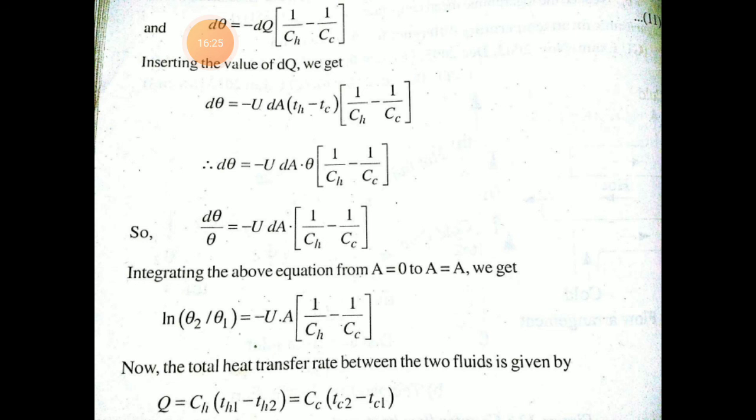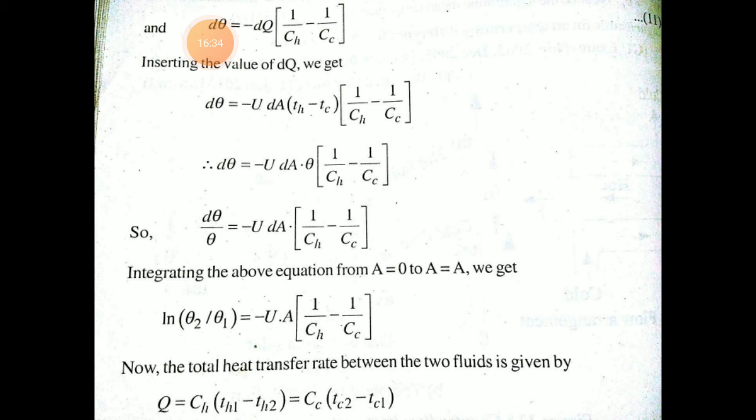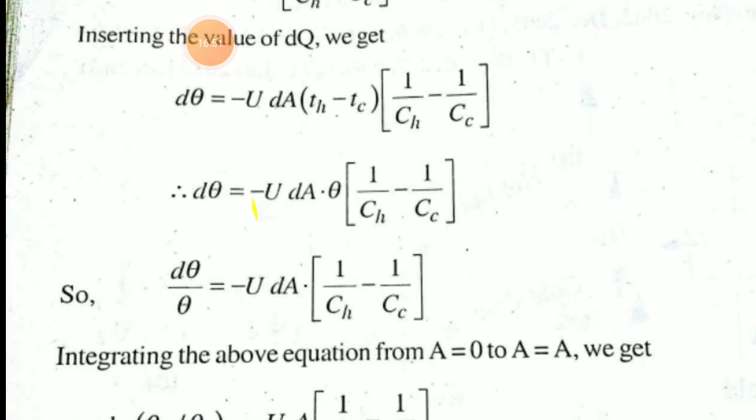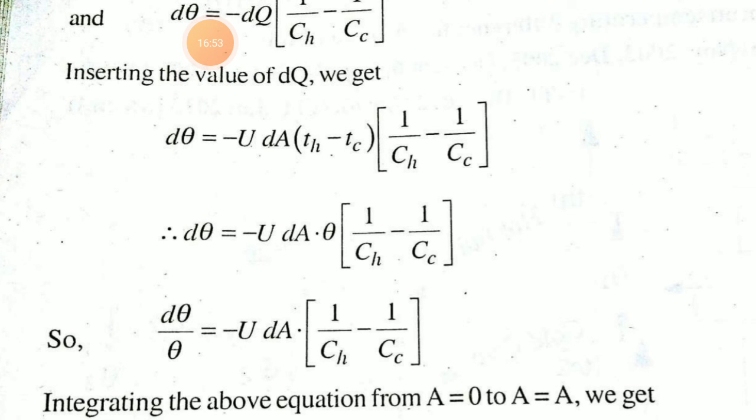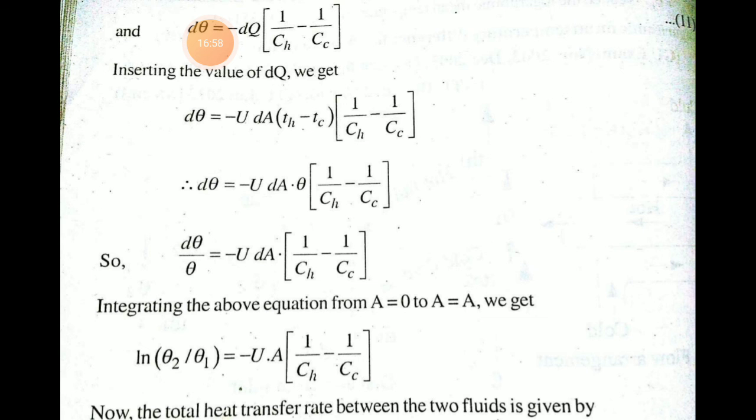This derivation is very similar to the previous one; the only difference is that dTc and dTh both have negative signs. So d theta is equal to minus dQ into bracket 1 upon Ch minus 1 upon Cc. Putting in the value of dQ, we get d theta is equal to minus U dA (Th minus Tc) into bracket 1 upon Ch minus 1 upon Cc.